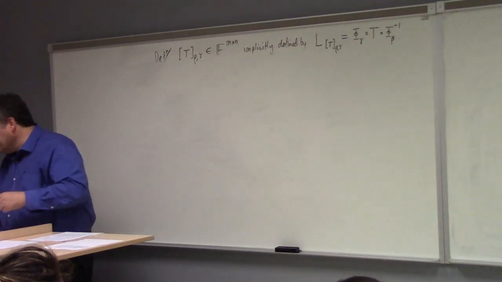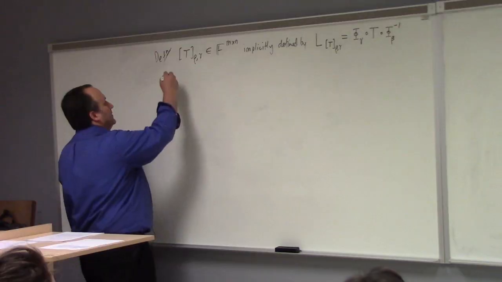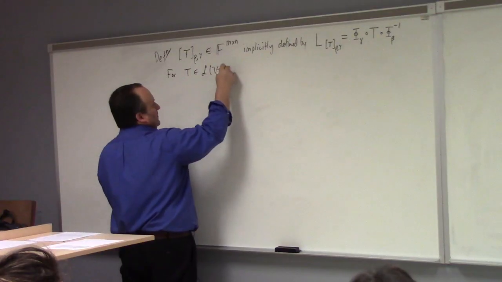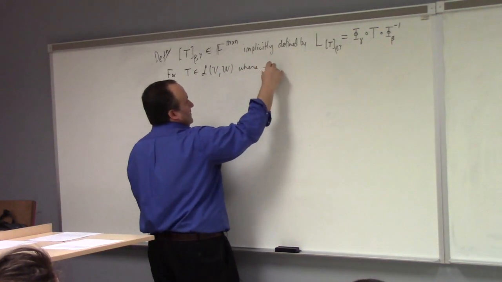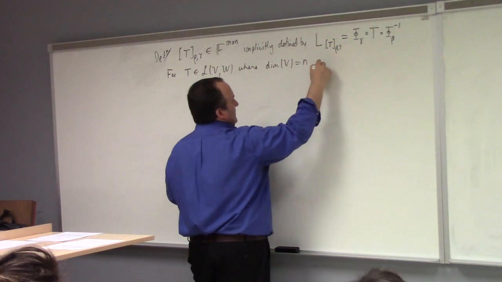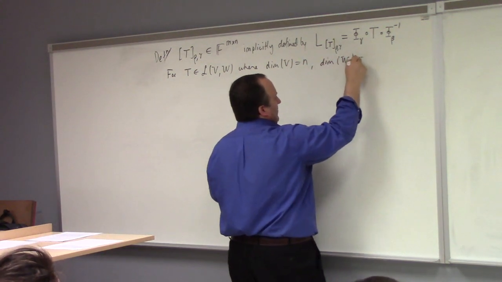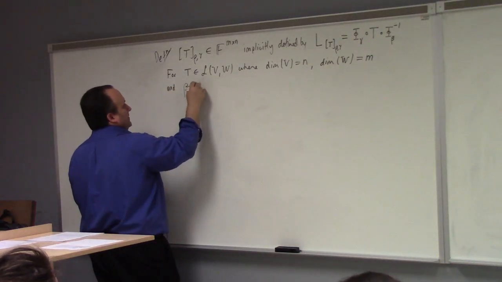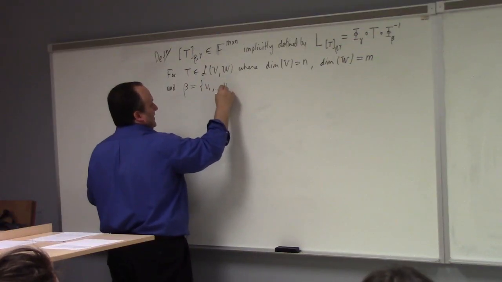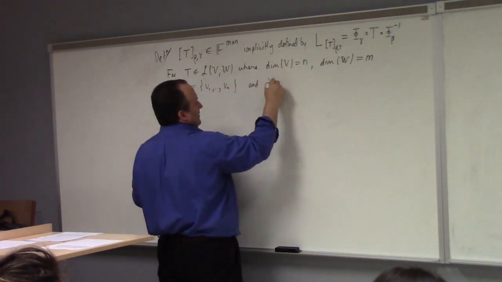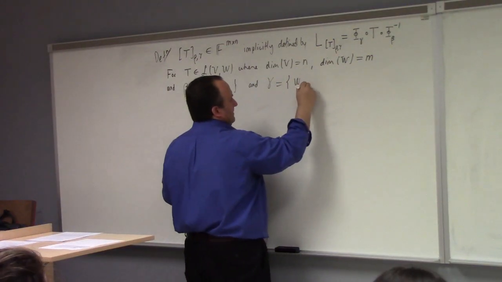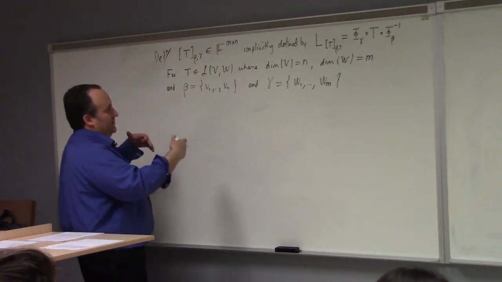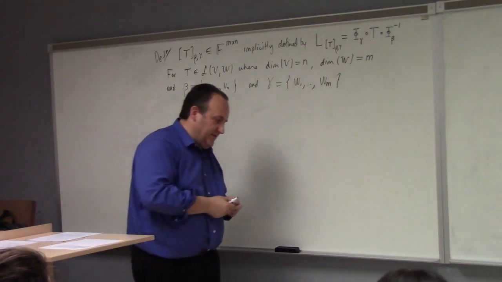This is for T, a linear map from V to W, where the dimension of V is n, the dimension of W is m, as in mummy, and beta is V1 through Vn, and gamma, my typical notation, is W1 through Wm, all right? So with that background, that setup, that's how we define the matrix of a linear transformation.